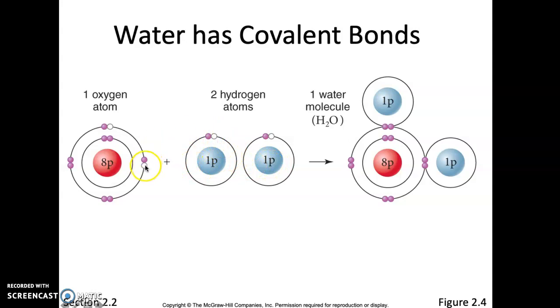So we could put 1 to share here, another hydrogen to share here, and we end up with H2O. And it's the same story as before. You've got 1 atom that wants to share that electron, and it's able to equally share them. So water, when you make a molecule of water from its hydrogen and oxygen, is formed by covalent bonds.